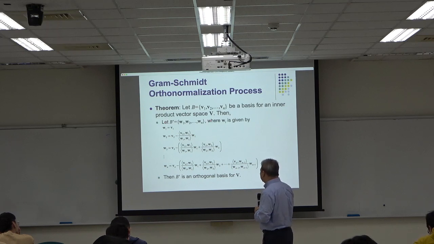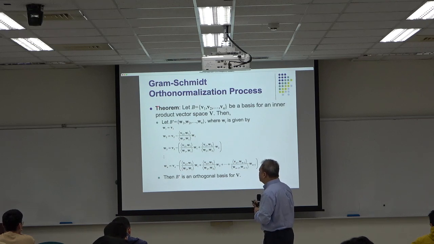Basically, we let W1, the first vector in the orthogonal basis, be V1, and for W2 we just get rid of the projection of V2 on W1. Then for W3 we get rid of the projection of V3 on W1 and W2, and so on.